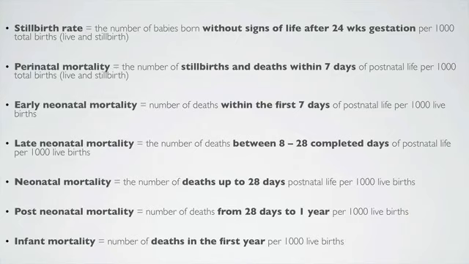Post-neonatal mortality is the number of deaths from 28 days to 1 year per 1,000 live births. And those two last definitions differentiate in the sense that neonatal is the first 28 days of life. Infant mortality is the number of deaths in the first year per 1,000 live births.